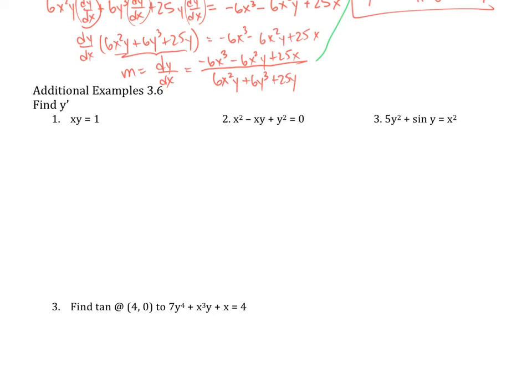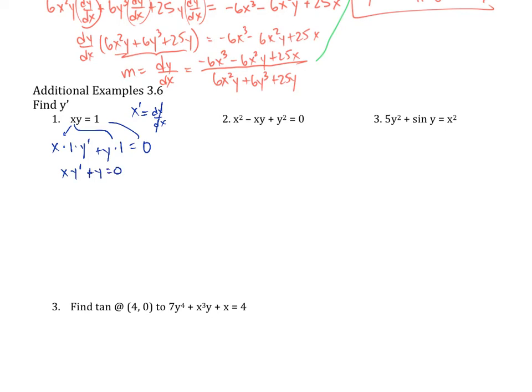I take the first times the derivative of the second, derivative of y is y prime, plus the second times the derivative of the first, which is 1, but I do not put x prime. Why don't I put x prime? Because that's dx over dx, which is just 1, equals the derivative of the constant, which is 0. So I end up with xy prime plus y equals 0.